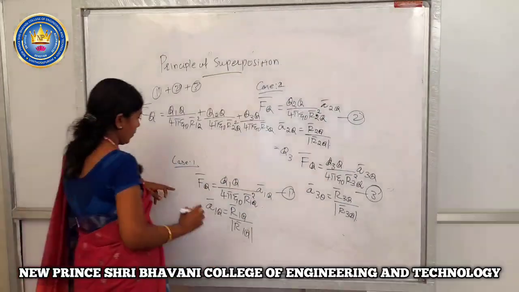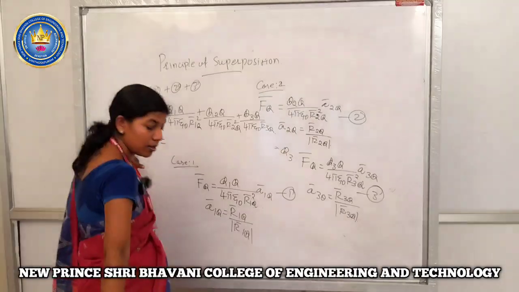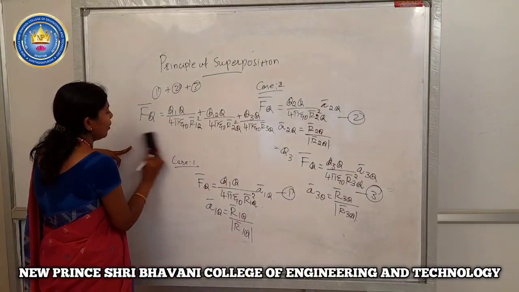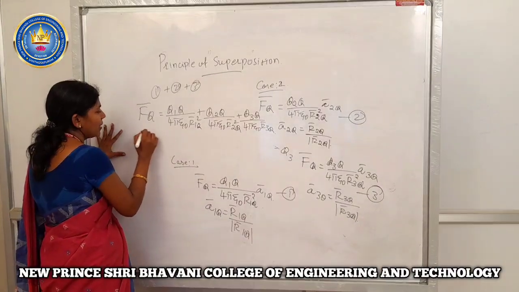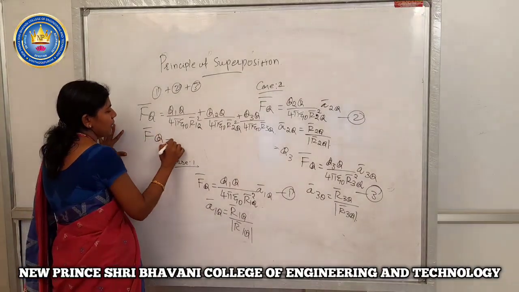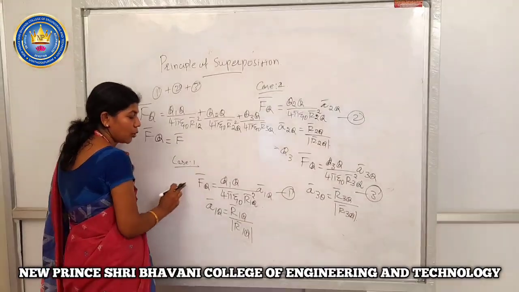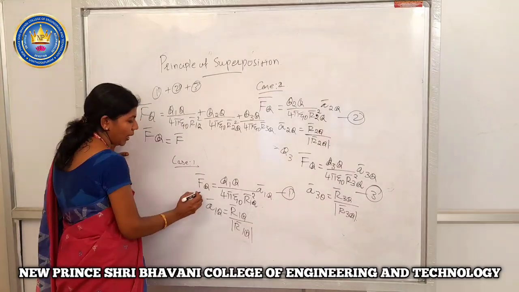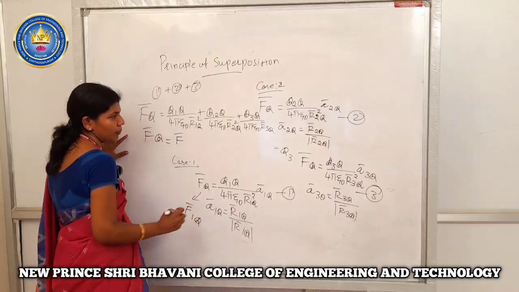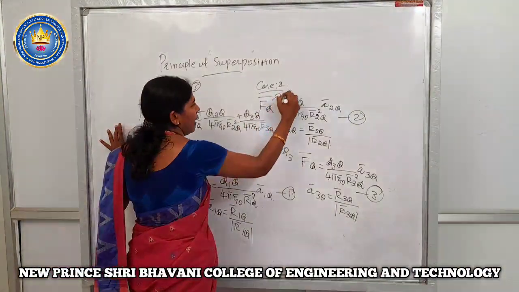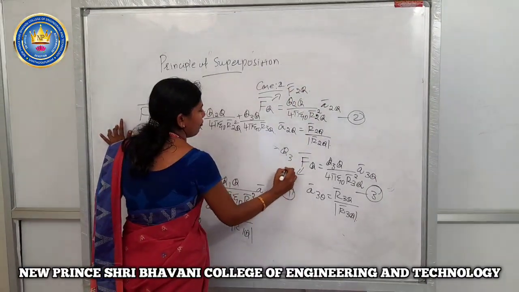Suppose there are n number of charges, the general equation is F bar Q is equal to F bar 1Q, because here charge Q1 exerts force on Q, then F bar 2Q, and F bar 3Q.